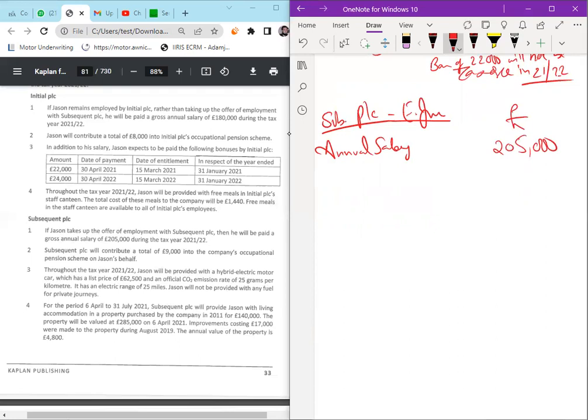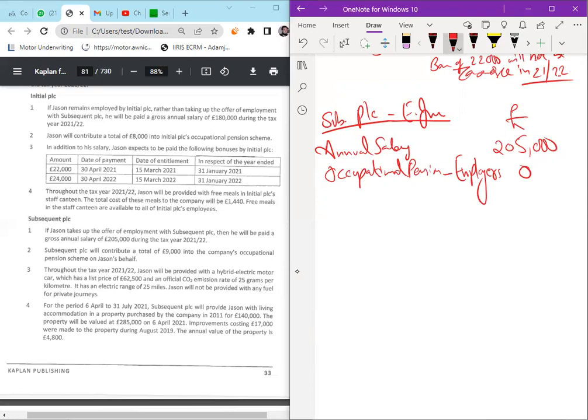Then number 2, subsequent PLC will contribute a total of 9,000 to the occupational pension scheme. Okay, occupational pension is an allowed expense if the employee paid. But here, who is paying? Employer. So it's an exempt benefit. Just go through the handouts. It's written, pension paid by employer is an exempt benefit.